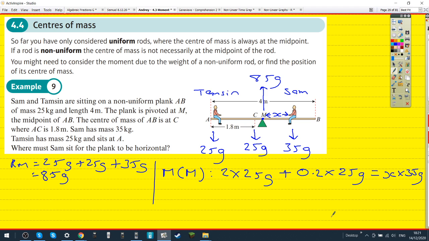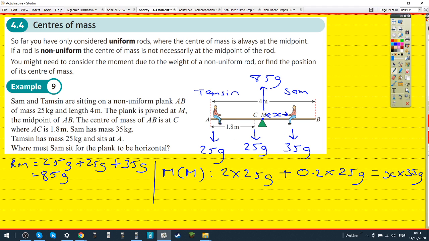So it's just x. So if we're taking moments about M, you want the distance from M to Tamsin times her force. So 2 times 25G. Distance from M to C times its force, 0.2 times 25G. Distance from M to Sam and his force, x times 35G.